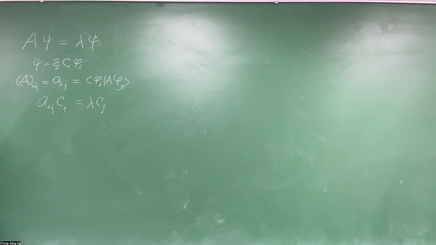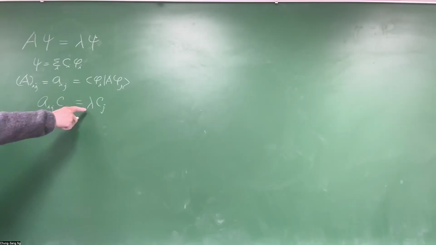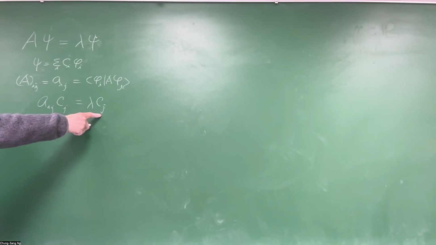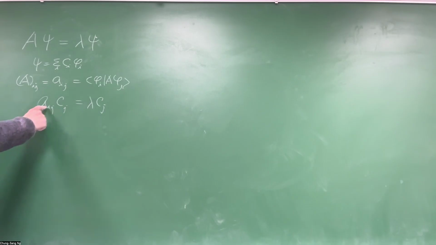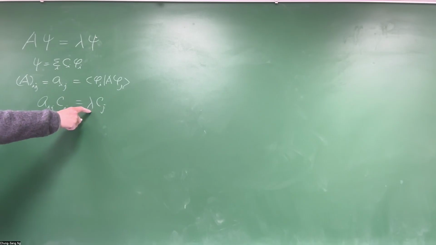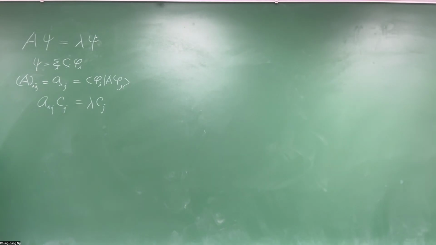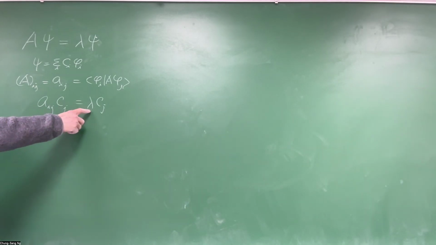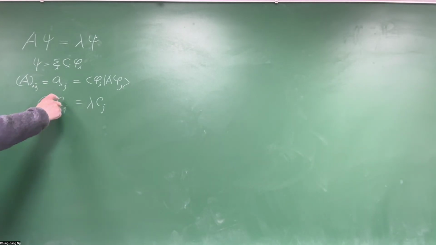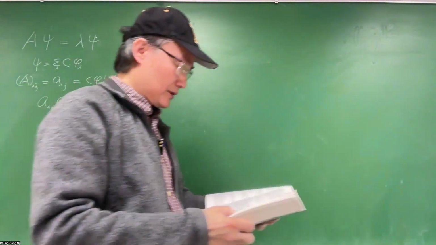That becomes a matrix equation. So this is a square matrix, this is a column vector, and it equals a constant times the same column vector. The goal is to find what values of lambda, and then for each value of lambda, what the c_j are to satisfy this equation.